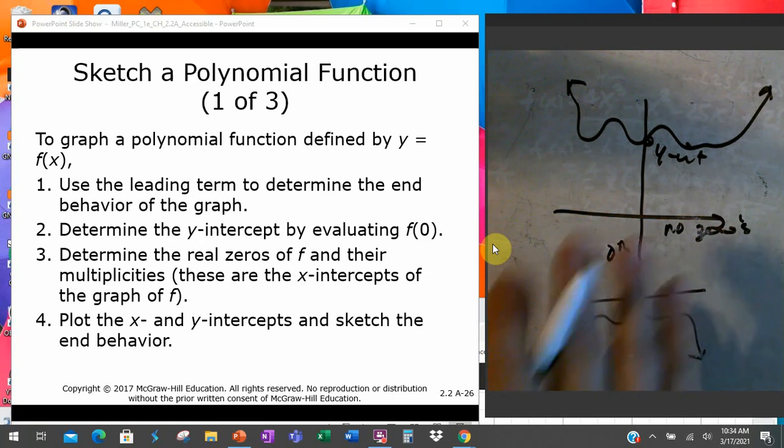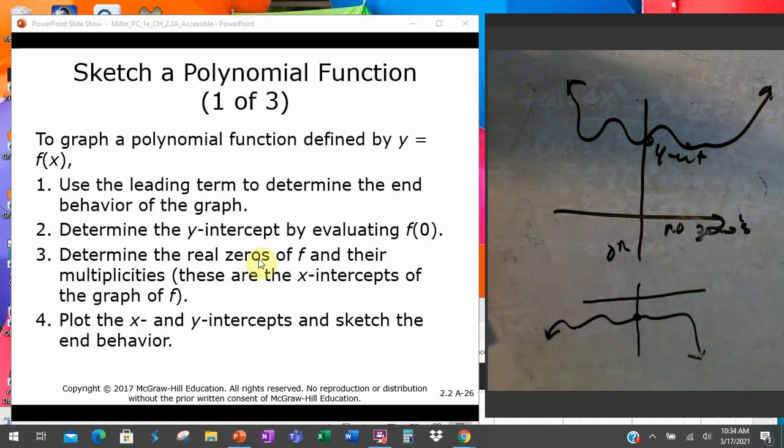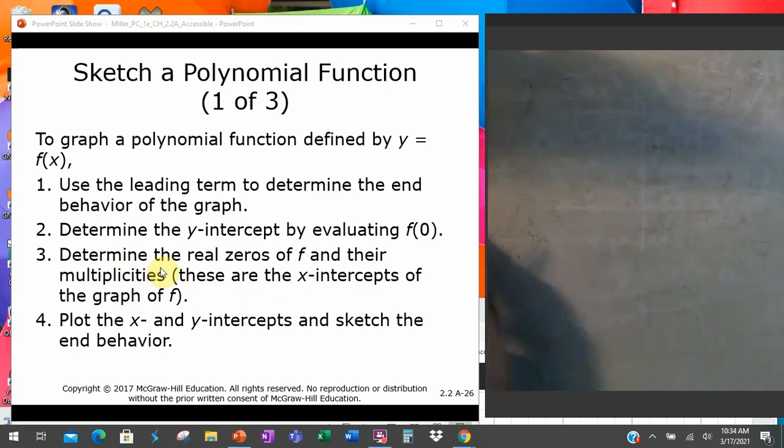Okay, so the next step, I'm going to try to factor this thing, or if it's in factored form, all I'm going to do is evaluate for zeros, and note their multiplicities along the way.